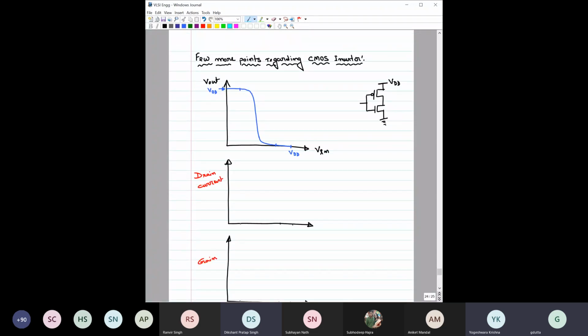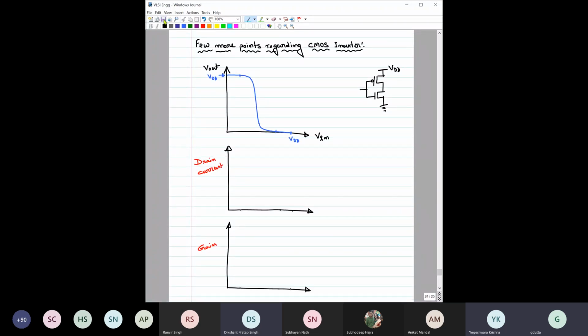Now, a few more points regarding this CMOS inverter, which are quite important. This is the CMOS inverter, with V in and V out, and we have plotted V out versus V in a couple of times, which is also called the VTC, voltage transfer characteristics. It looks something like this.